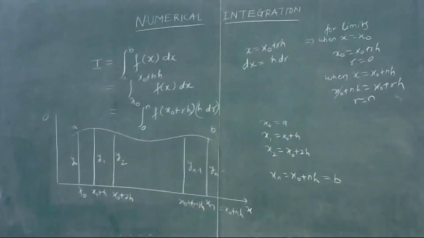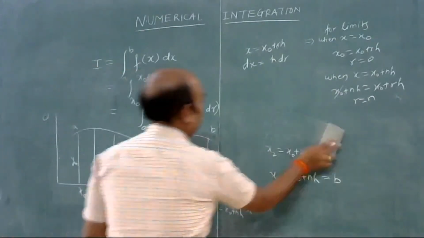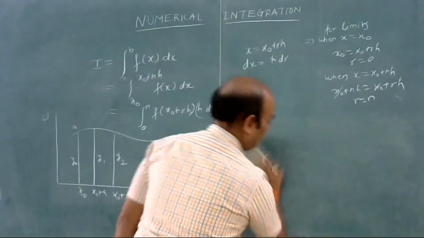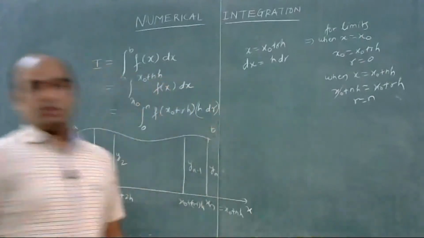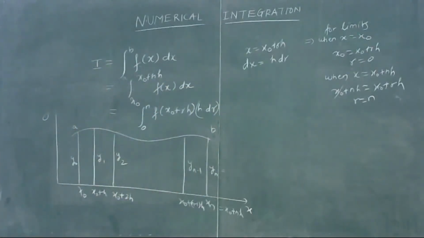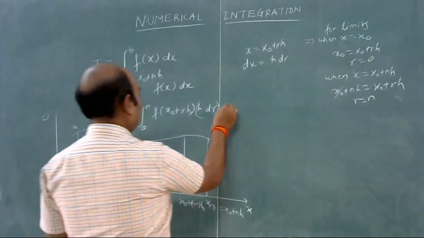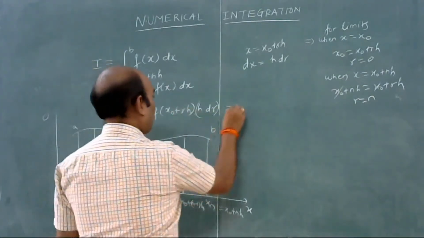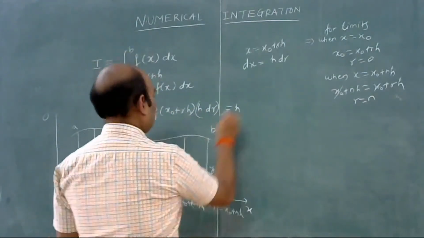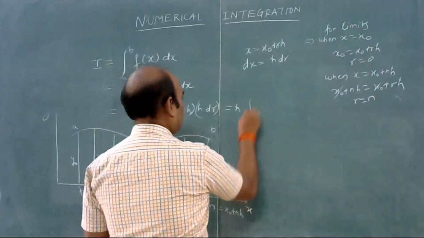Okay, so from the forward difference interpolation formula, we can write this as, h is taken outside. Okay, so this is integration 0 to n.